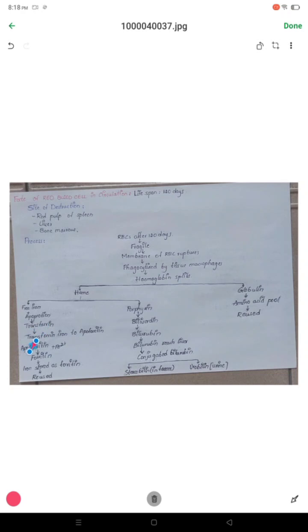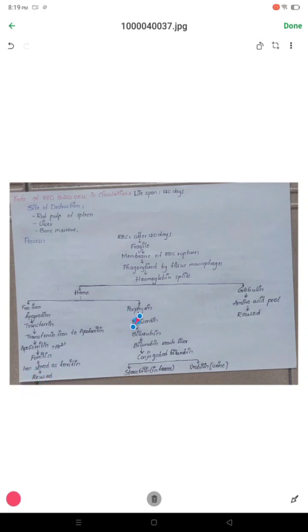This transferrin brings the iron to the liver, where the hepatocyte cells take this iron, and in hepatocytes this iron binds to apoferritin, and this converts the iron to ferritin, which is a stored form of iron, and this stored form of iron can be reused in the production of hemoglobin.